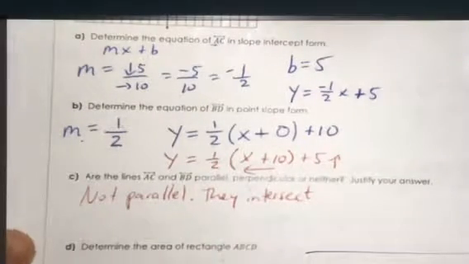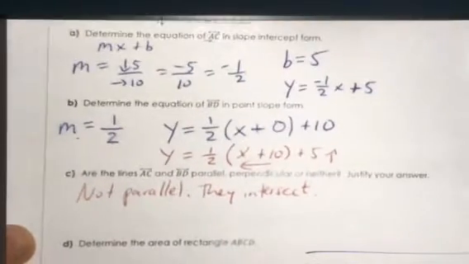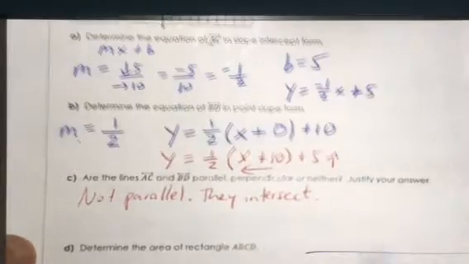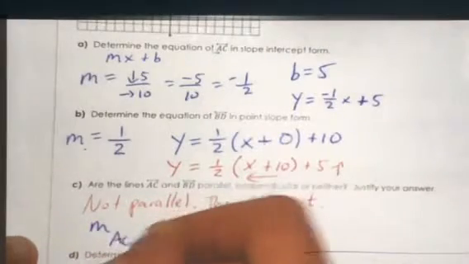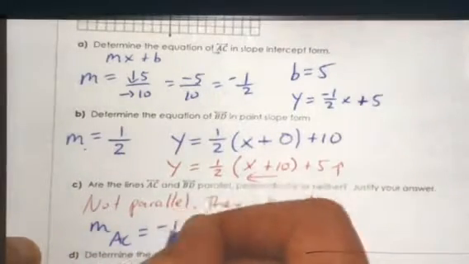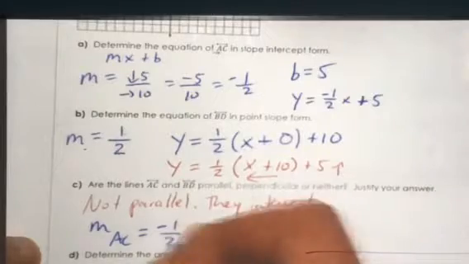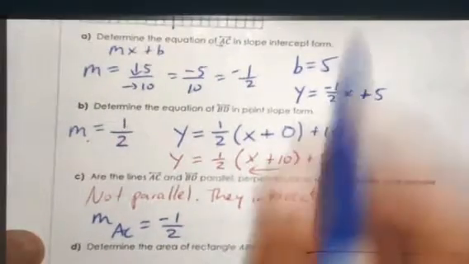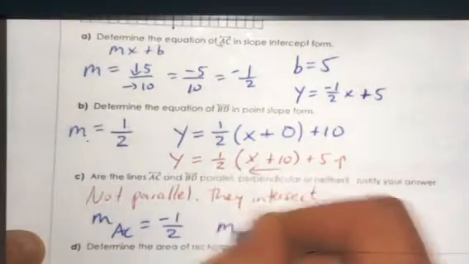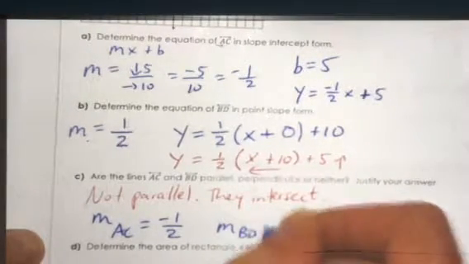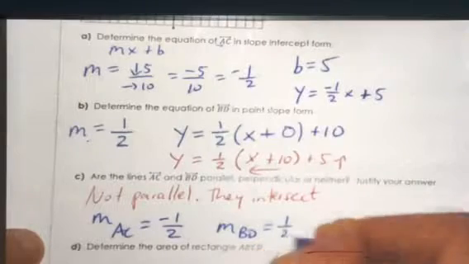Now, to see if they are perpendicular, we need to look at their slopes. So we already have both slopes. The slope of AC equals negative 1/2. You found that up here. Then the slope of BD equals positive 1/2.